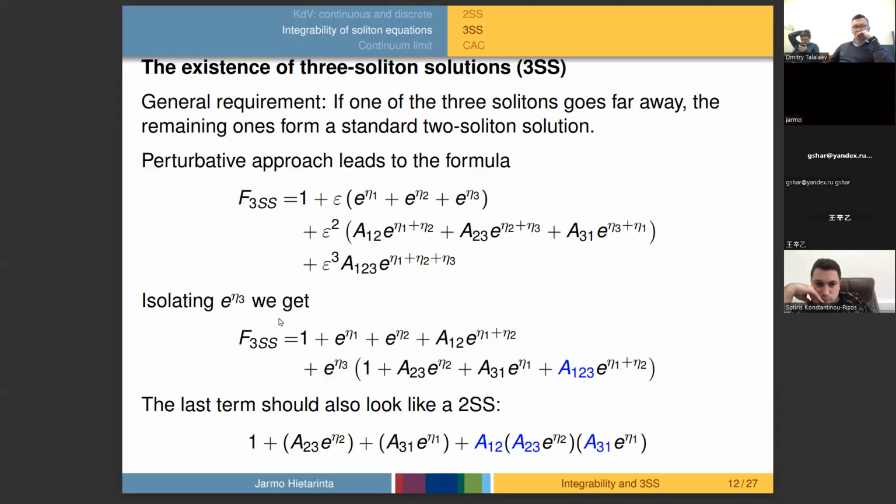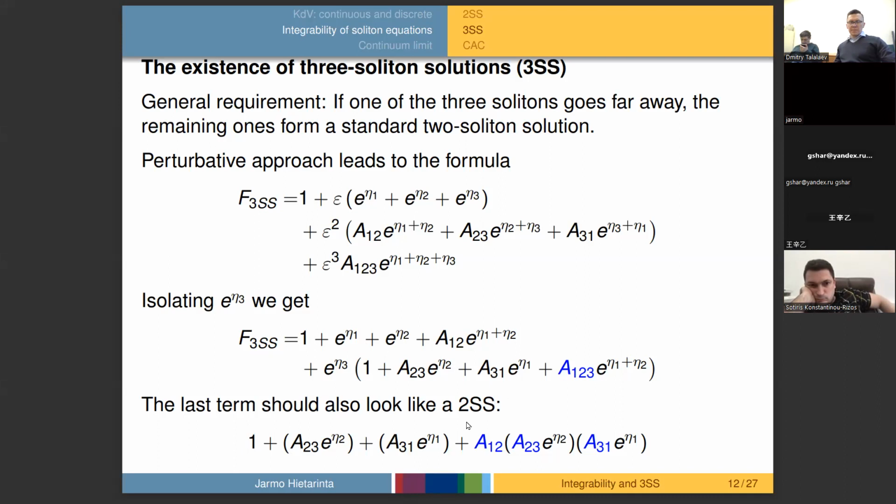Okay. So next step is that we isolate this e to the eta 3 term. So we get this formula. Normally, when time goes to minus infinity, this becomes large, and then this is the leading term. So it must be a two soliton solution. If time goes to plus infinity, then this disappears and we get this two-soliton solution. So the conclusion is that this one here should be a two-soliton solution. Therefore, it must look like a two-soliton solution.